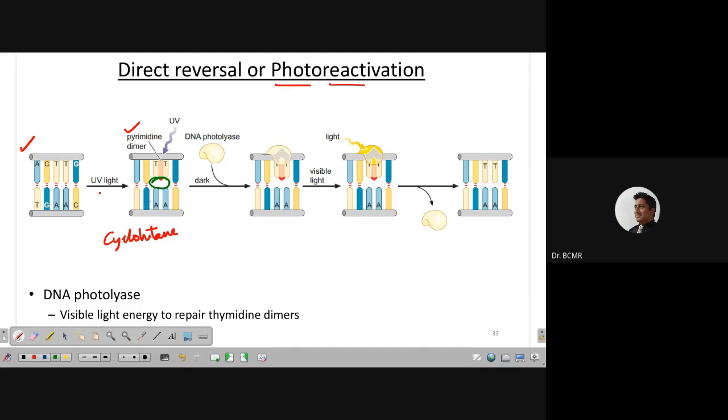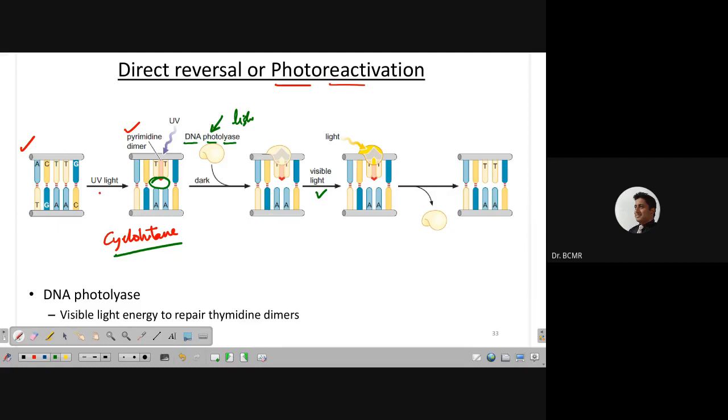So there is an enzyme called DNA photolyase. What does it say? DNA photolyase. That means it uses light. It identifies the thymine dimers and binds there, and when there is visible light, it uses that light energy to undo the cyclobutane ring.